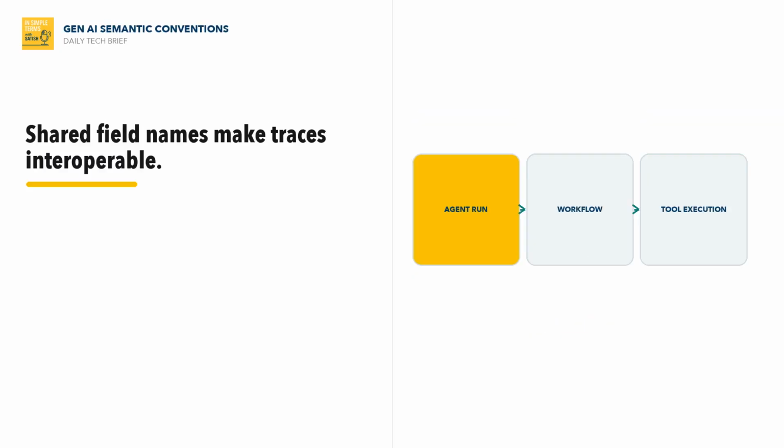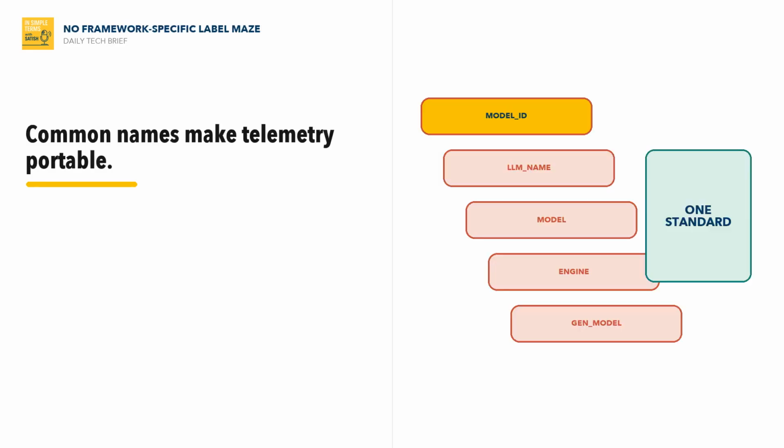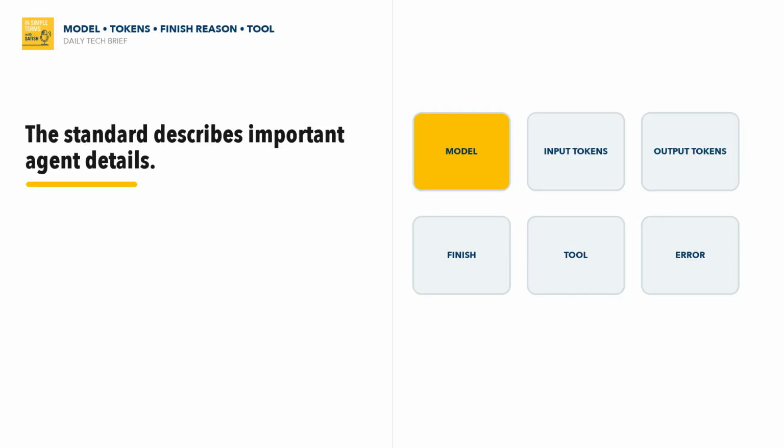This is where OpenTelemetry's Gen AI semantic conventions become important. Semantic conventions are basically shared field names. Instead of every framework inventing its own labels for model, token count, tool call, and error, OpenTelemetry defines common field names.